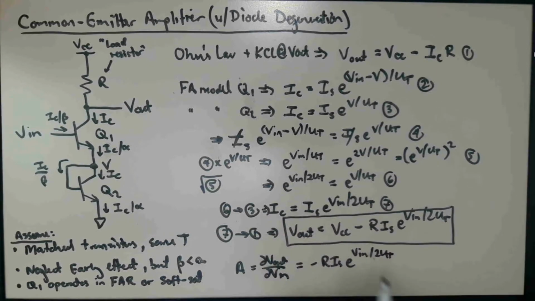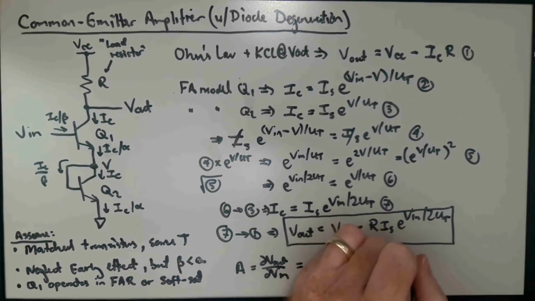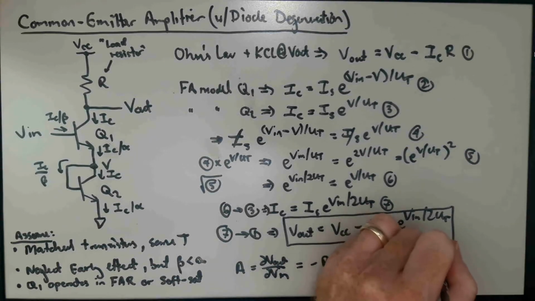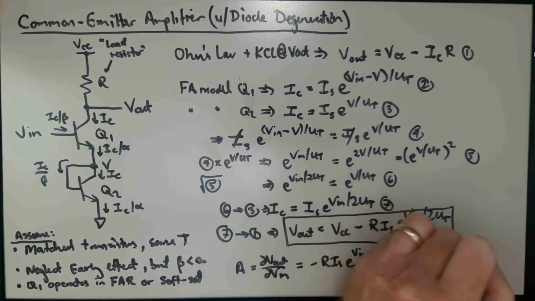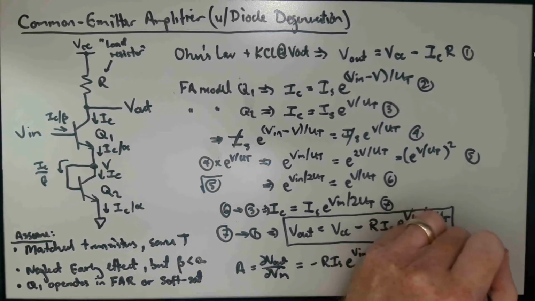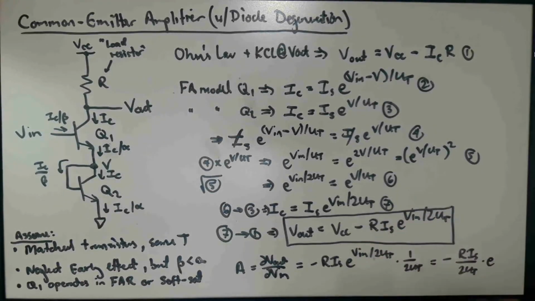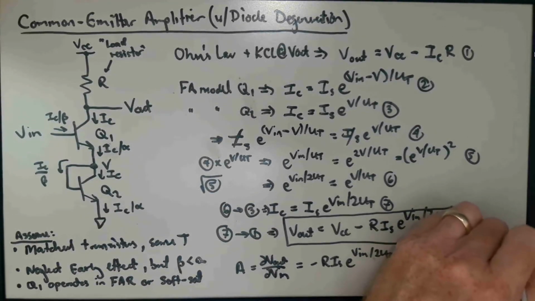And we apply the chain rule and we bring down a 1 over 2UT. And so we are left with minus RIS over 2UT times e to the Vn over 2UT.